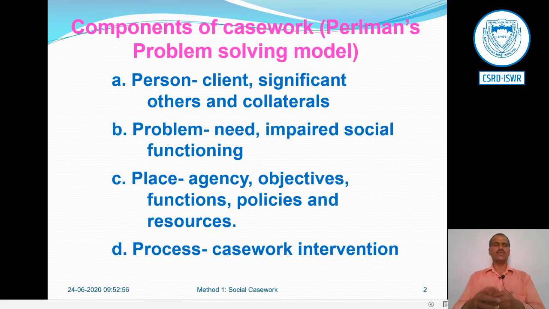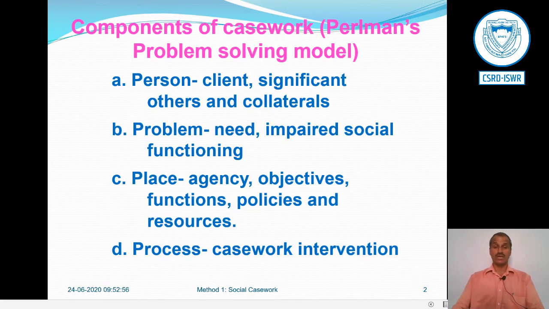Therefore, we can consider the caseworker is also part of the agency. In Indian context, sometimes there are freelance social workers who are not affiliated to any particular agency, and he or she may be practicing casework in the community setup.